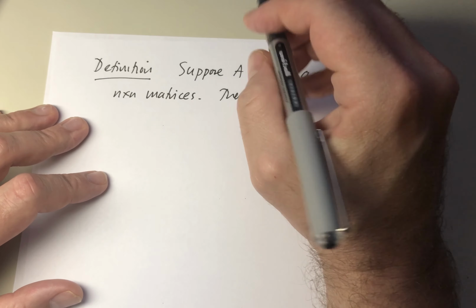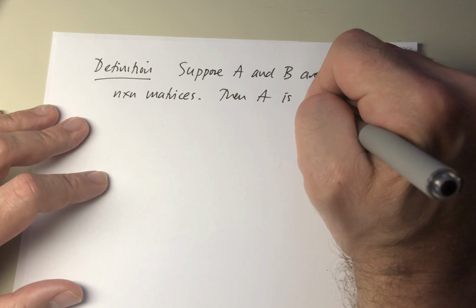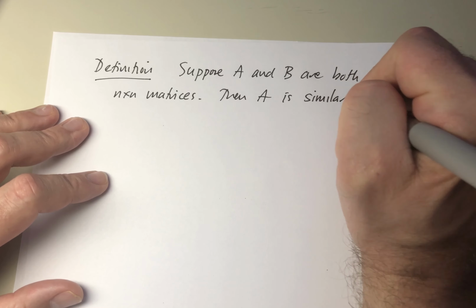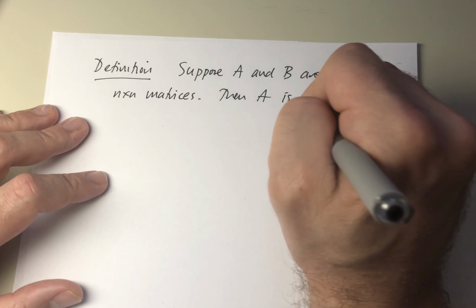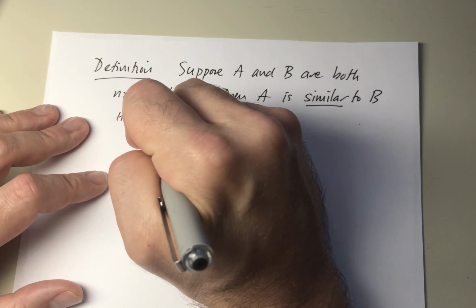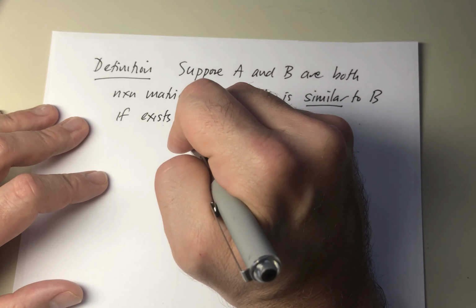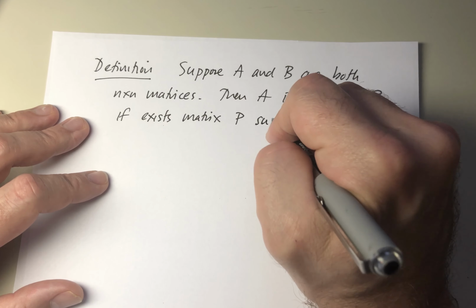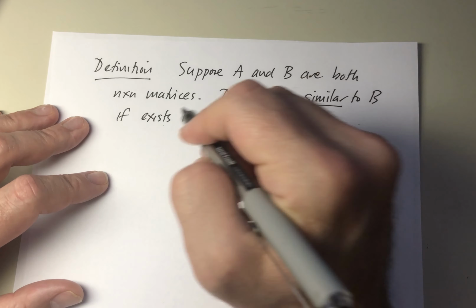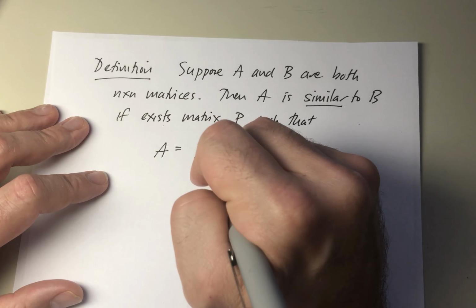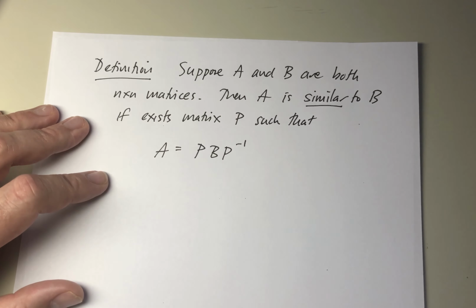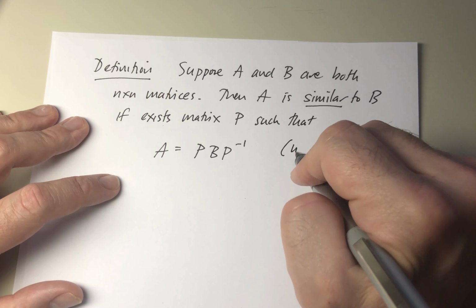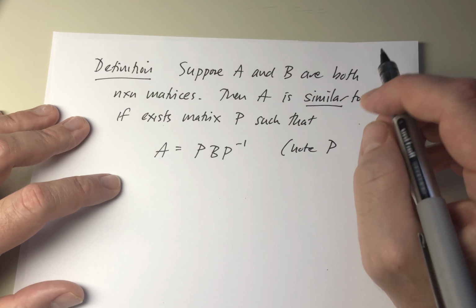Then we say A is similar to B if there exists another matrix P such that A equals P times B times P inverse. Note that P should be invertible.